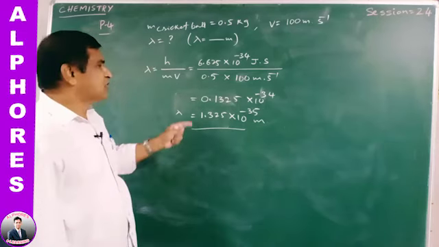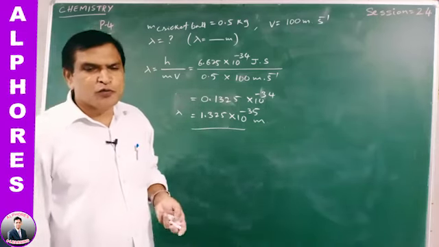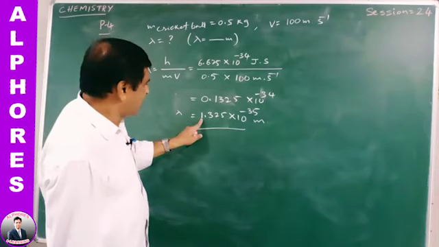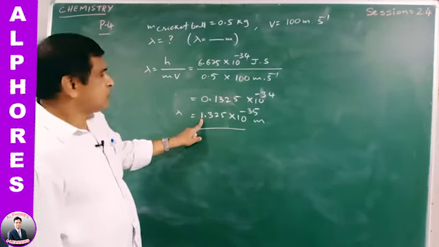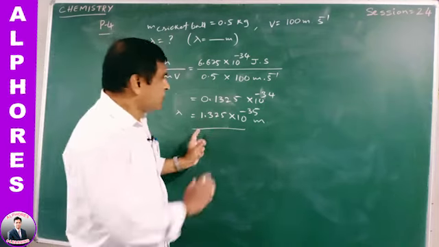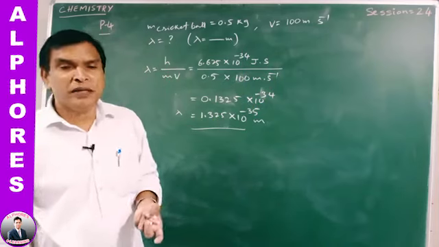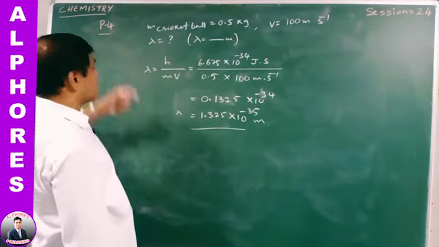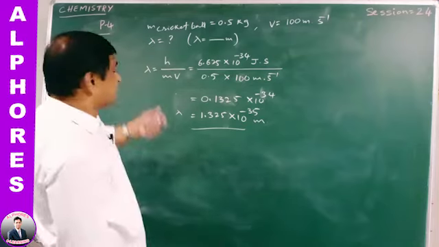On simplification, 0.1325 into 10 to the power minus 34, or the option 1.325 into 10 to the power minus 35 meters. So this is the fourth numerical based on de Broglie's concept.